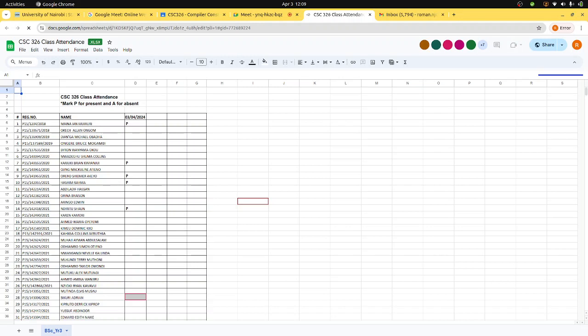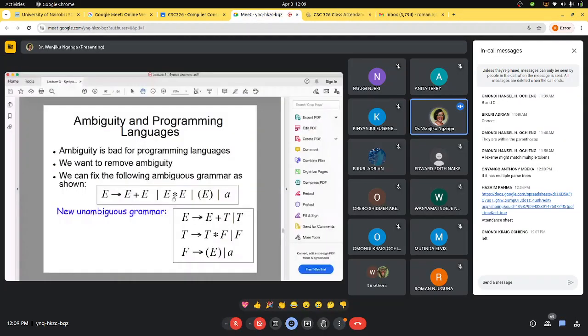This T has to be rewritten, and it is rewritten by doing the times. So once this is written, the E plus can be completed. So that becomes the new unambiguous grammar. And in this case, for the same string, A plus A times A, we only have one possible parse tree. And it actually follows what we want, because it means we first have to complete the times to get the result for the addition, which means we have rewritten the grammar to respect the mathematical rules.